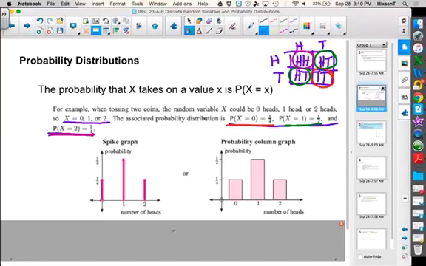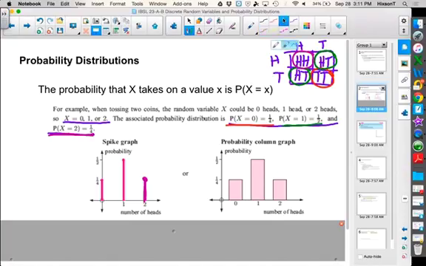A spike graph is basically just a scatter plot, but we draw a line straight down to the x-axis from each point. So here we have the probability that x equals 2 is 1/4. So we have this point here at 1/4, and then we draw the line straight down to 2. Okay?